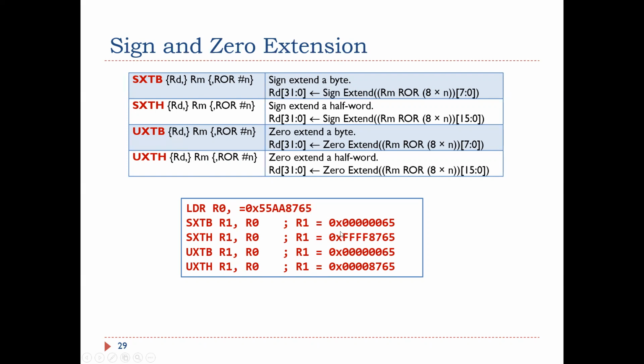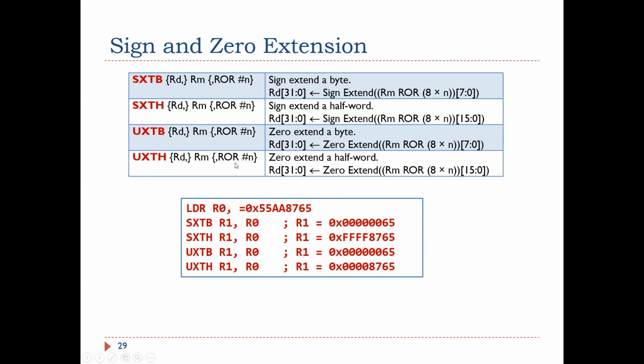If it is, for example, 85 here, it will still be 85. It will not be 85 with all FF in front, because you are doing the unsigned or zero extended byte.